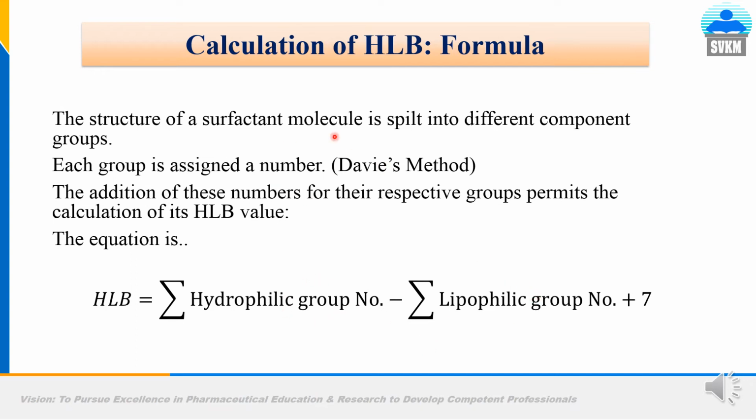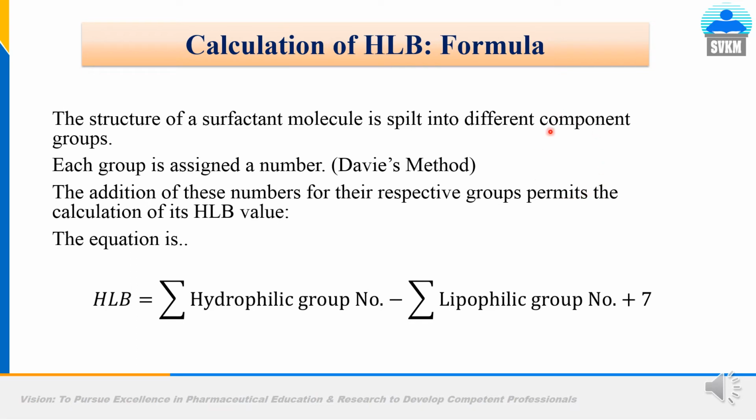First of all, if we have a surfactant molecule, the first step is what? We have to split the structure of your surfactant molecule into different components or different groups, like the CH3 group, which is a lipophilic group, or a hydrophilic group. So we have to separate the lipophilic groups and hydrophilic groups, and each group is assigned a number, right?